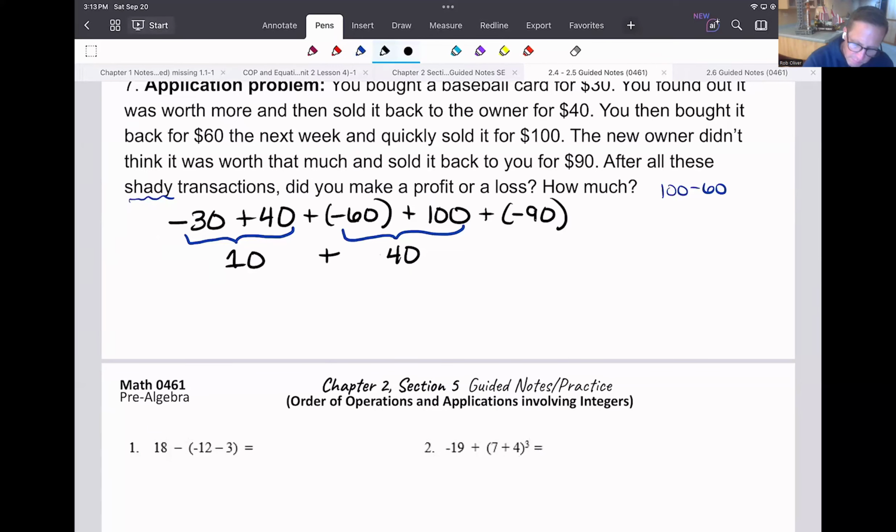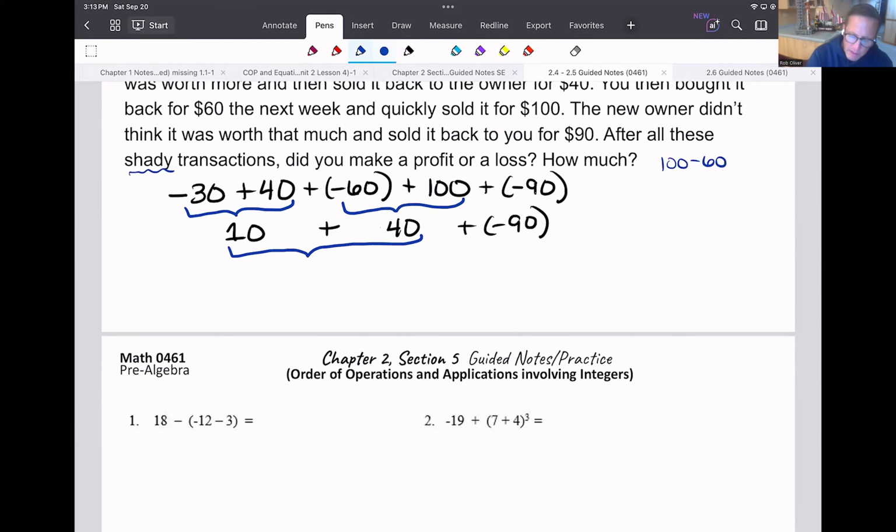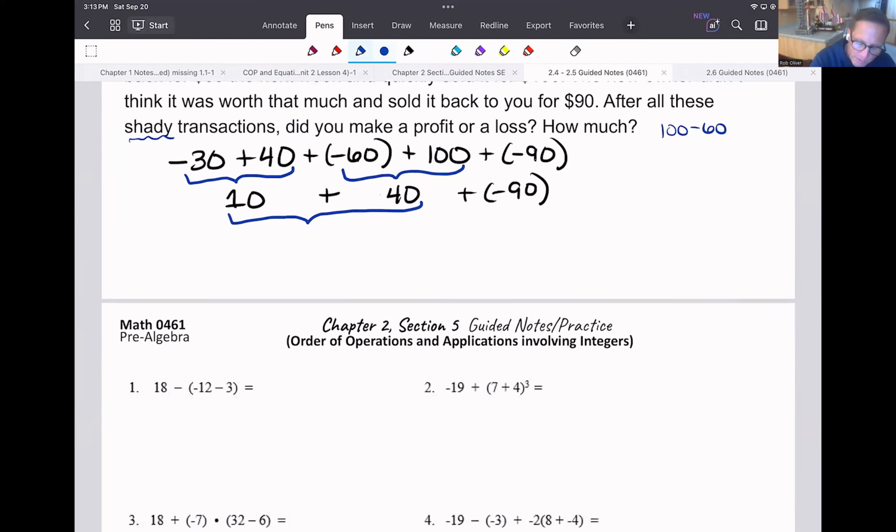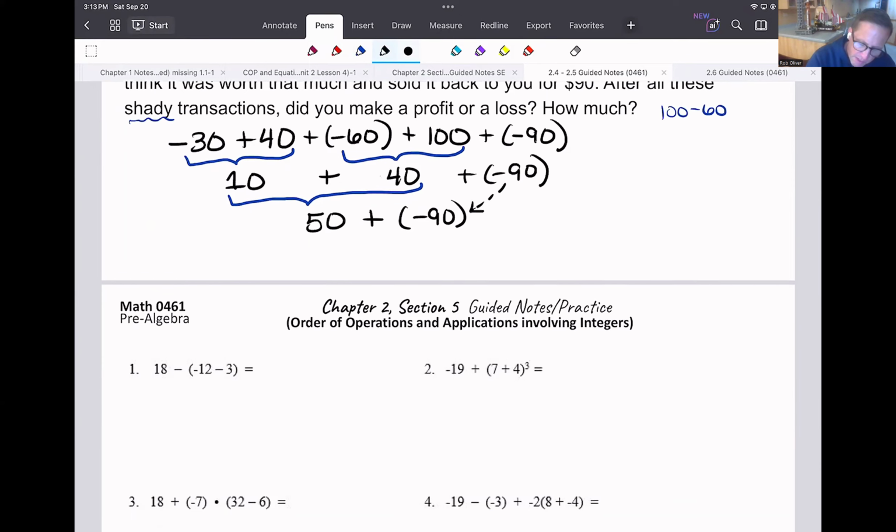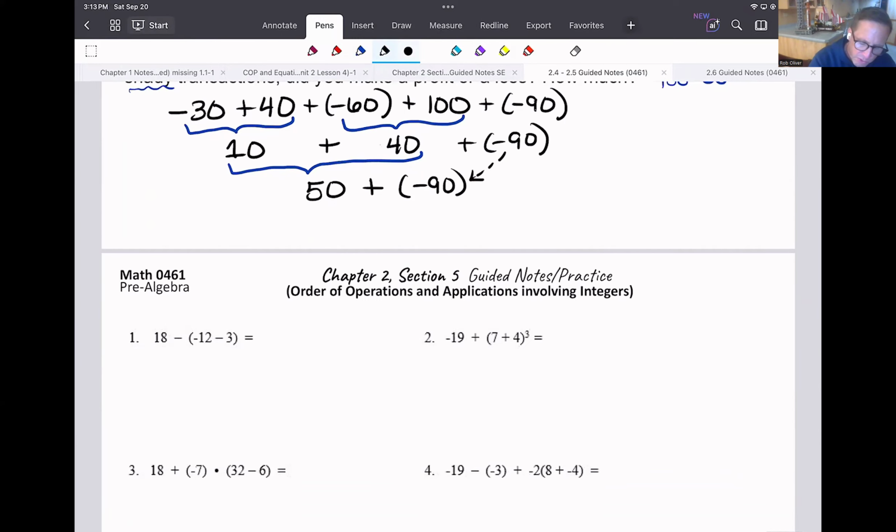So 10 plus 40 plus negative 90. All right, and let's just do this left to right. Well, 10 plus 40 is 50. That's 50 plus the negative 90. I'm just bringing that down over here. And that is going to come out to negative 40.